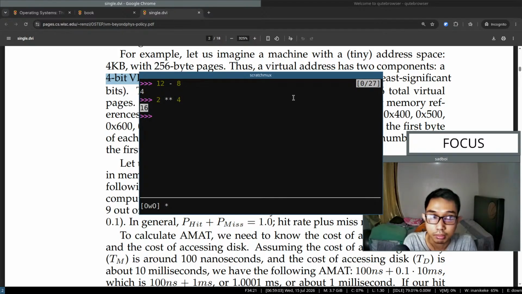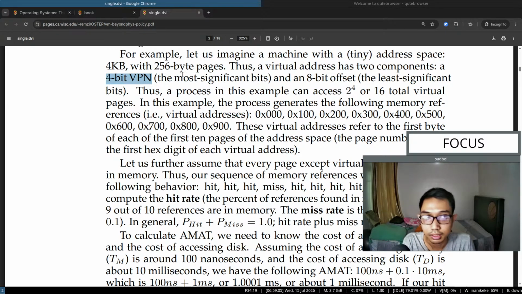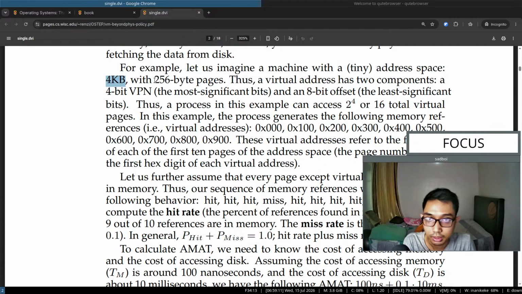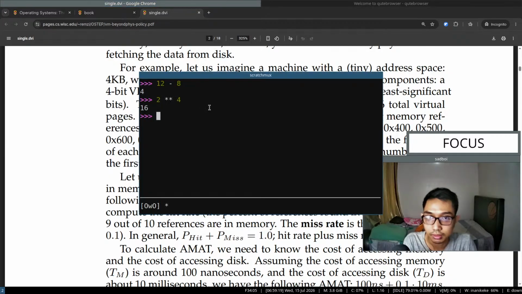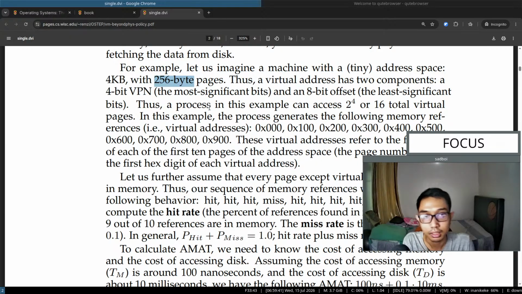So we have 16 pages in this address space, and one page has 256 bytes. So each page has 256 bytes, and we have 16 pages in the 4K address space.